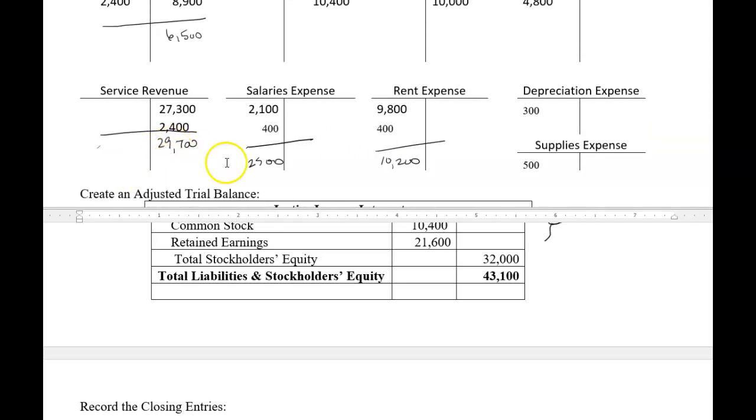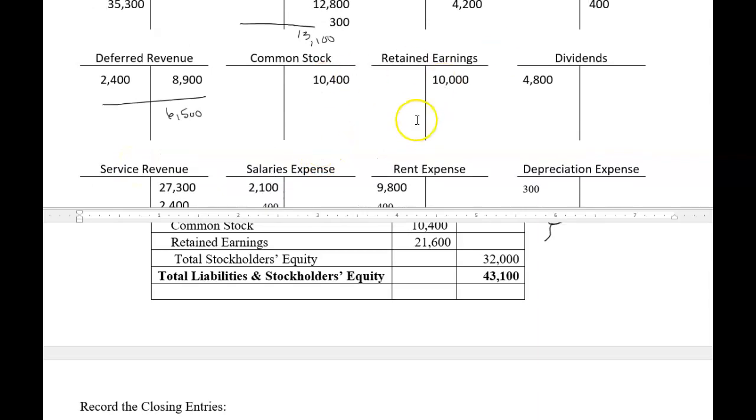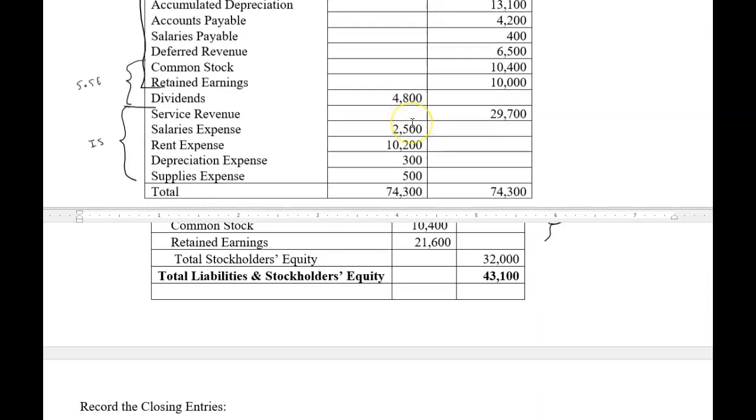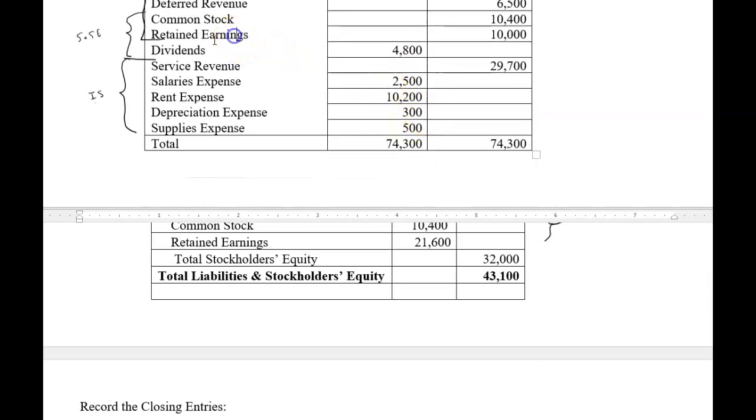We need to start the new year over with a zero balance so that we can properly record just the revenues for that year. So to do that, we need to debit that account. Now, it doesn't go away. It just simply gets relocated into our retained earnings. So the easiest way to do this is note everything below retained earnings on our trial balance will get closed into retained earnings.